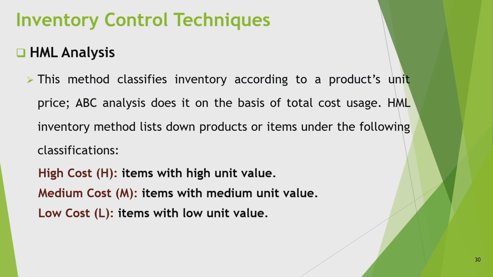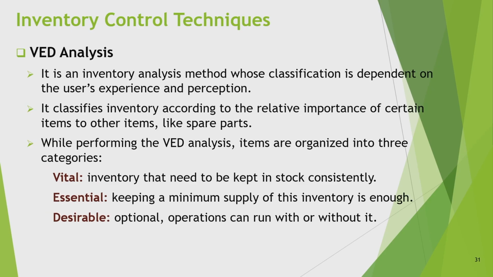And then similarly there are other types of schemes like ABC. ABC is very popular, but I will just scan through some other techniques. I will not tell that much detail, but you can make it out. HML analysis means we classify high cost items, then medium cost and low cost. ABC also does, but ABC is on an annual cost basis, whereas here we look individually at which item is of high cost.